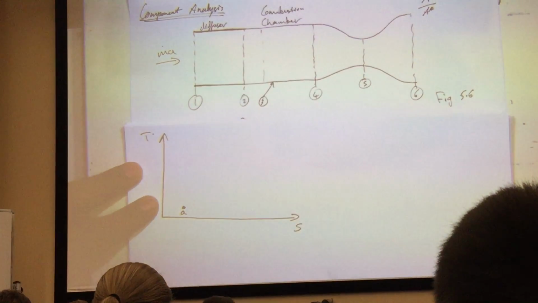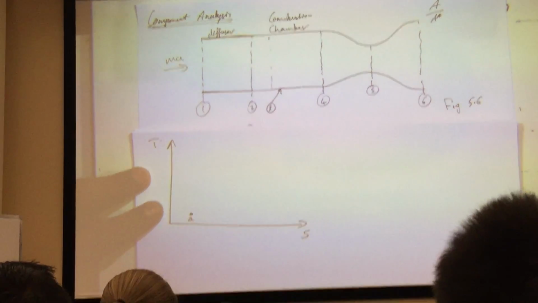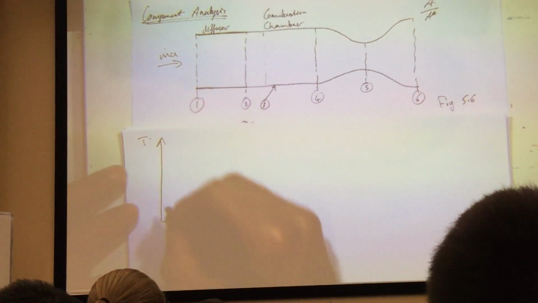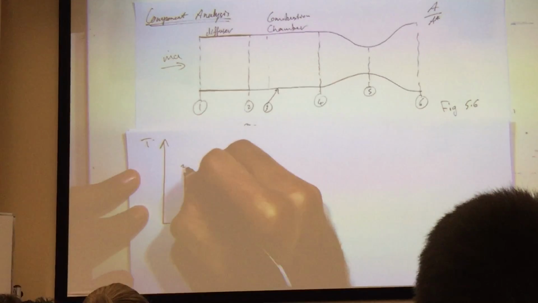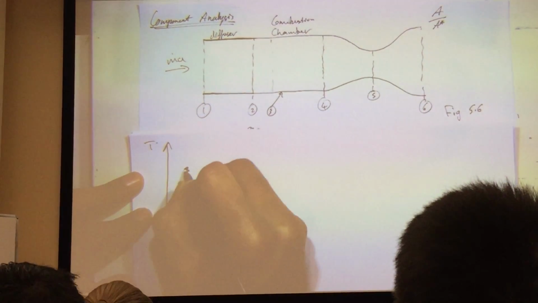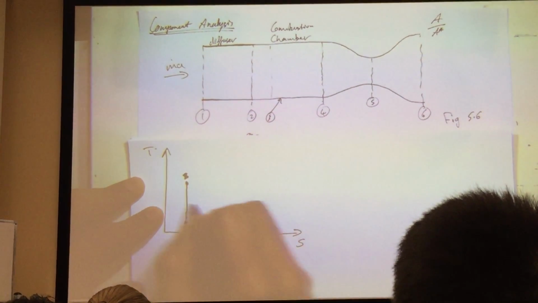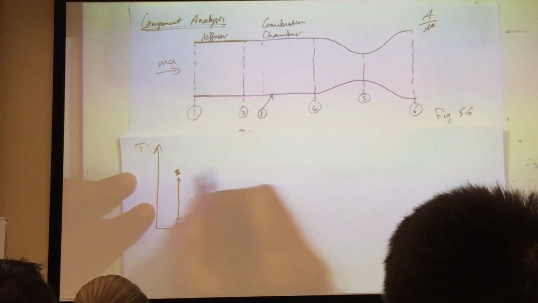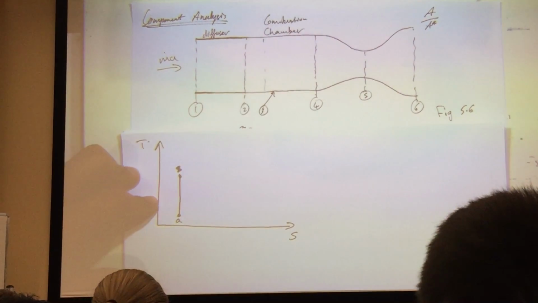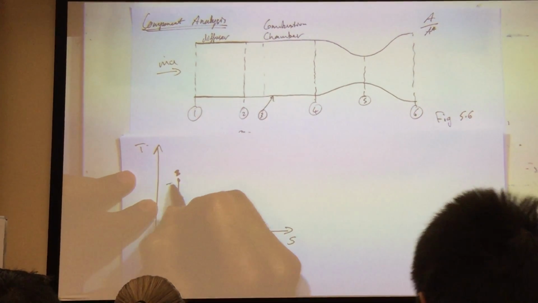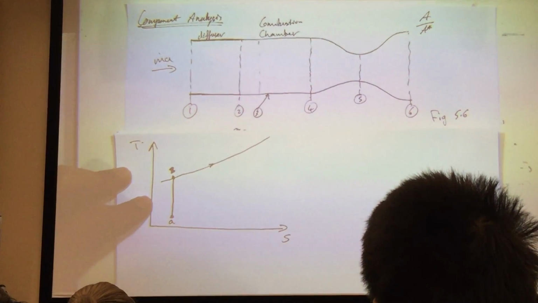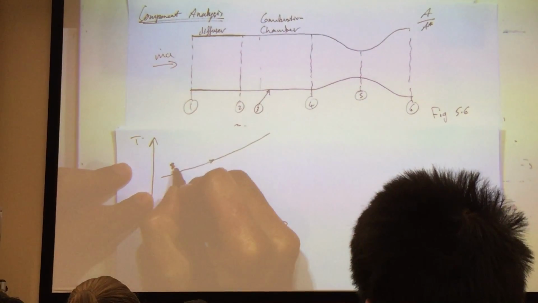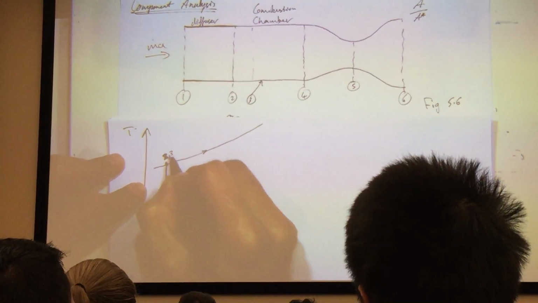I got isentropic, i.e. no entropy change, through the diffuser, so isentropic compression. I get to station 2. Then I have a constant pressure heat addition through my combustor. Remember this, we've done this at the very beginning of the semester, constant pressure heat addition. So obviously 2 and 3 are relatively close.